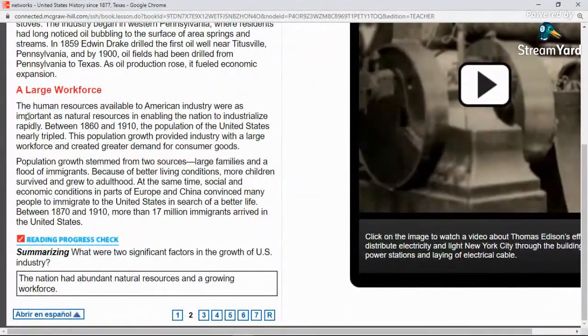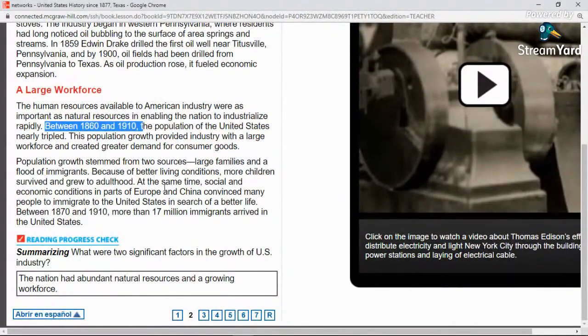So this oil production rose and it fueled economic expansion. And also another resource that we have is humans. Okay, there were a lot of people and they were all going out west. And look at that. Between 1860 and 1910, the population of the US tripled, 3 times as big. This gave a lot of people to be able to work in these industries. Okay, there was a lot of workforce there. And how did this population grow?